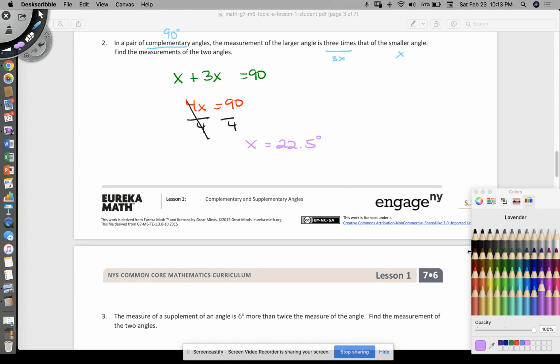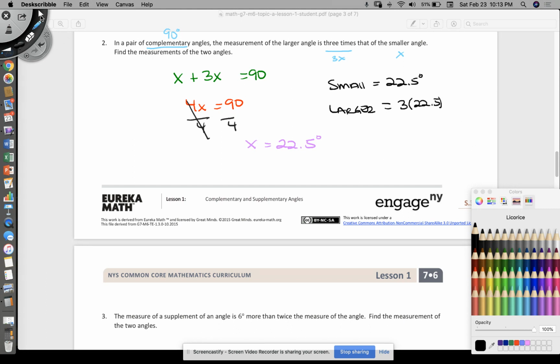Now we had two angles. The smaller angle equals 22.5 degrees, and the larger angle is 3 times 22.5.